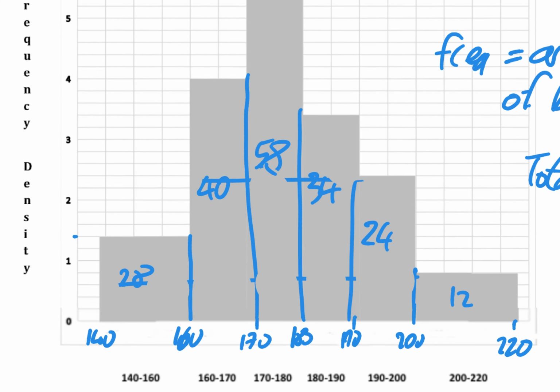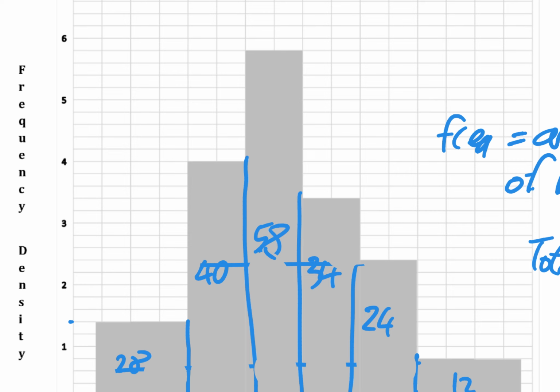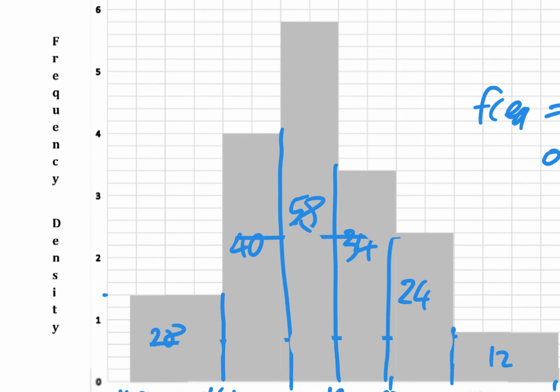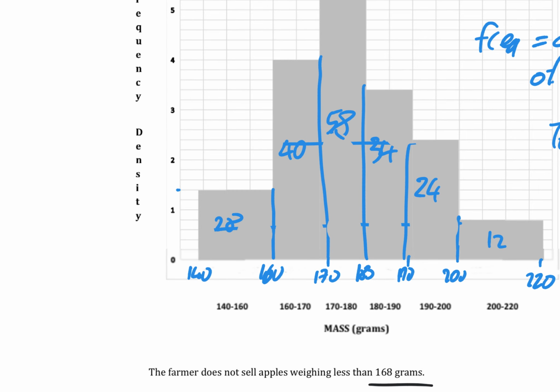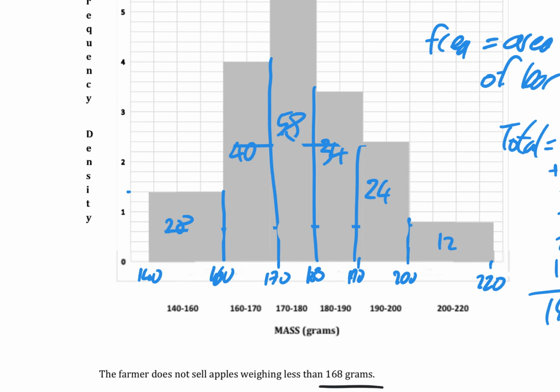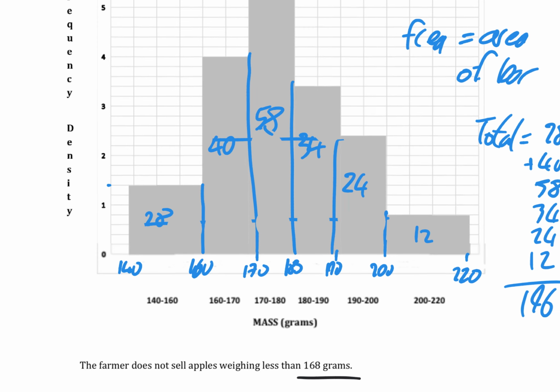So 1.4, let me just check, 4. The next one was 5.8. Then this next one is 34, and this was a tricky one. Yep, I know it was 2.4. Oh, that one was wrong. That was this last one here.